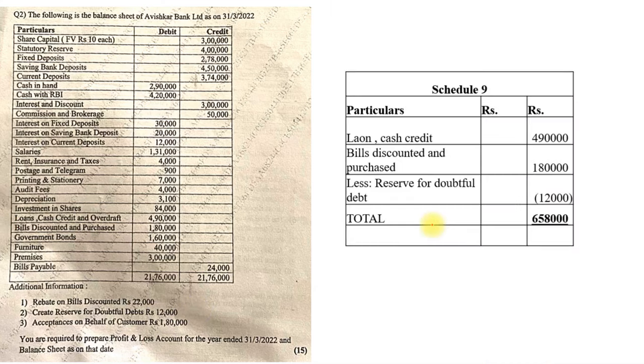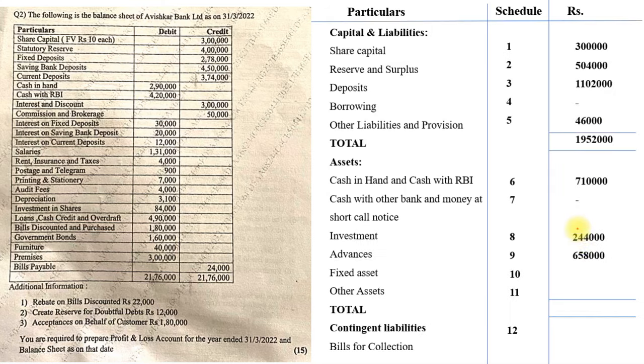So loan and cash credit, that is 4 lakh 90,000, bill discounted and purchase 1 lakh 80, less reserve for doubtful debt 12,000. Always remember the reserve will get subtracted from schedule 9. The total comes to 6 lakh 58,000. Once we have got 6 lakh 58,000, we will post it in our advances column.